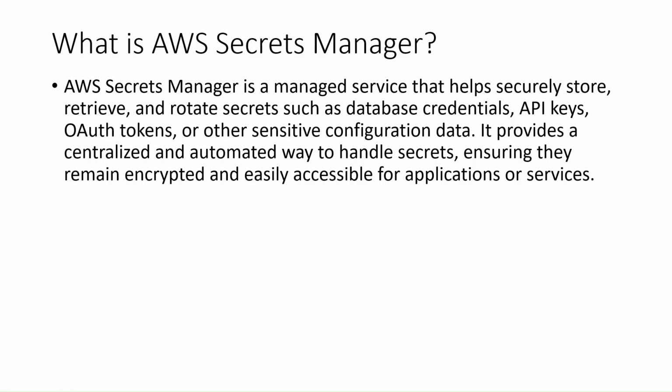We can store login credentials, retrieve them whenever a call happens, and rotate secrets like auth keys, GitHub tokens, or Docker tokens. Tokens often expire and we need to update them whenever we try to log in, right? To rotate all those credentials, we can go with AWS Secrets Manager.